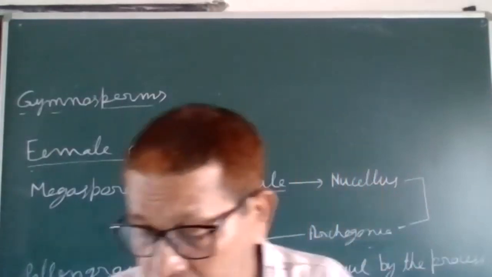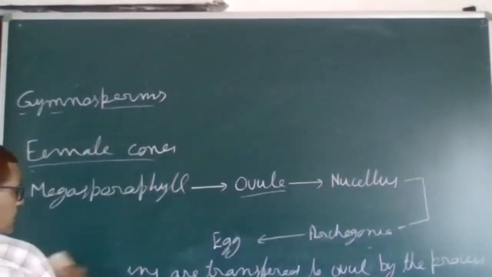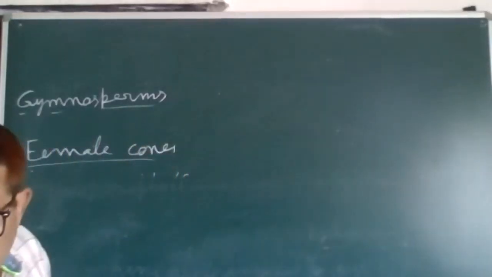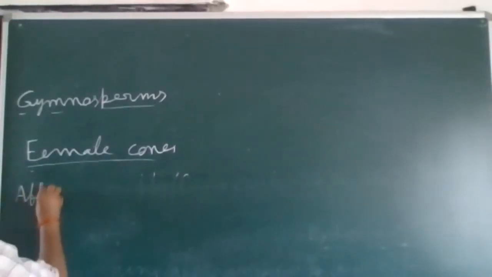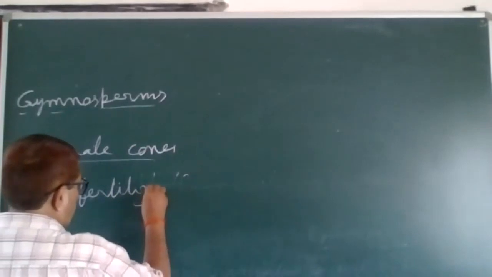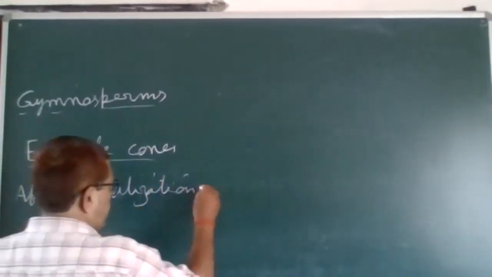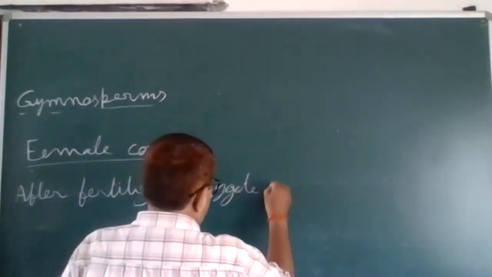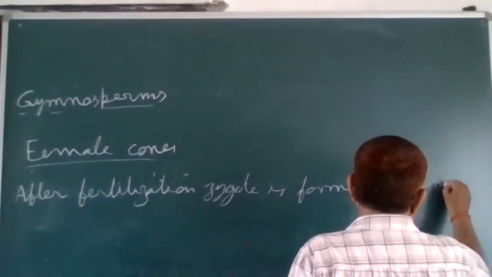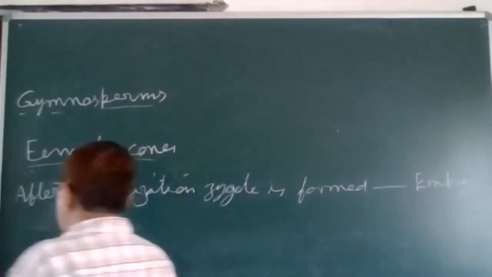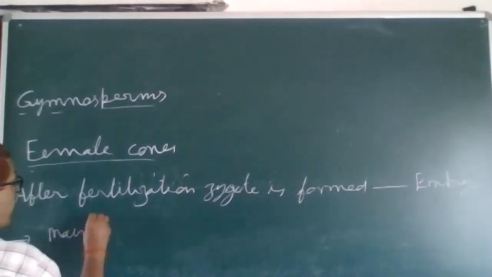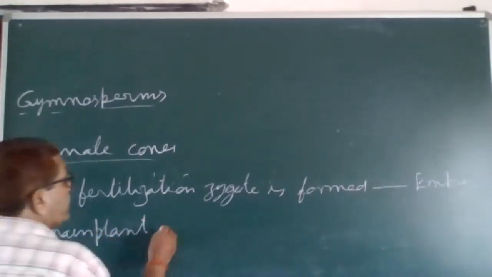After fertilization, the zygote is formed, and this zygote produces the embryo, and this embryo ultimately develops into the plant. The plant means it is the sporophyte.